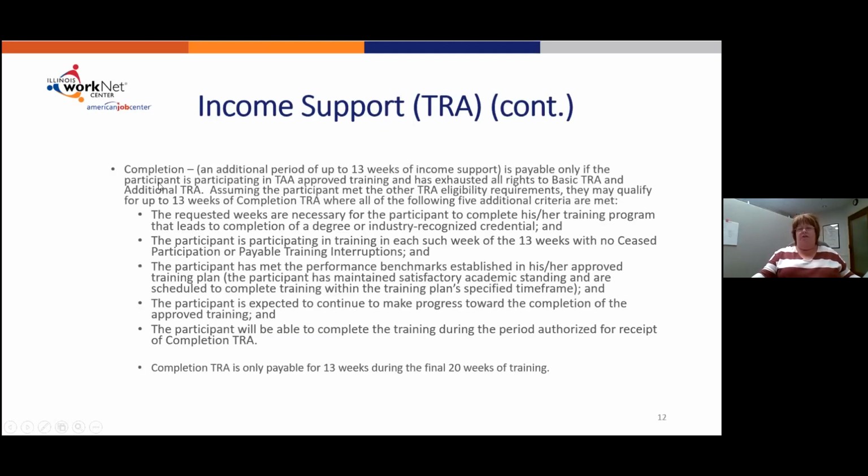And then there's completion, for those folks whose training is an extended period. I'm not going to read through all of this. You can read this, but just know that these 3 TRA options are available to participants in training and participants of trade.